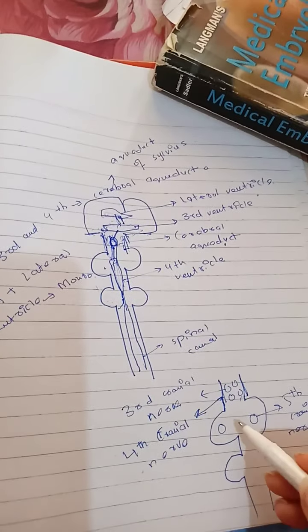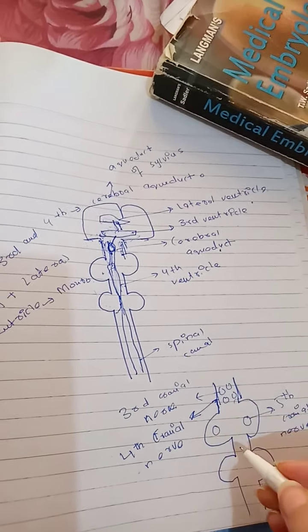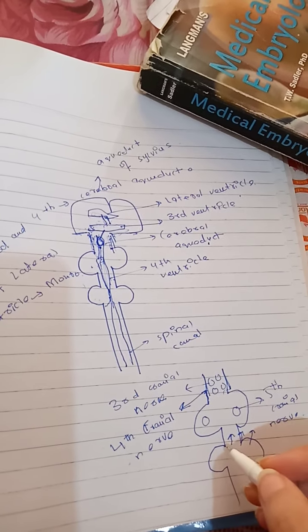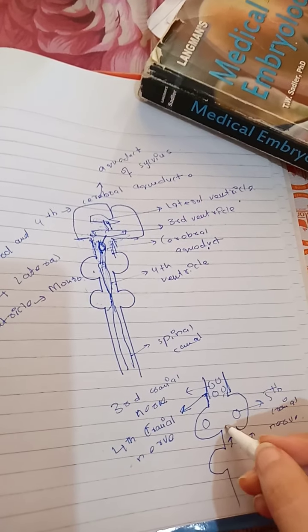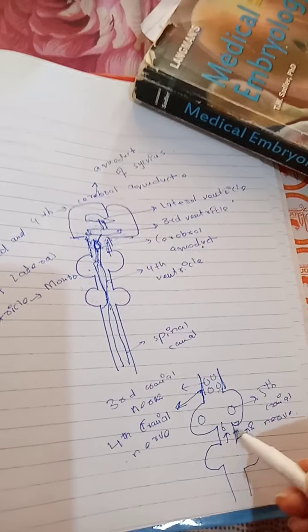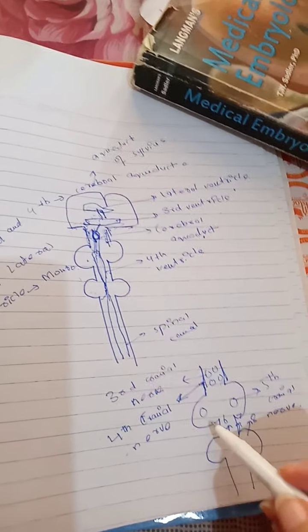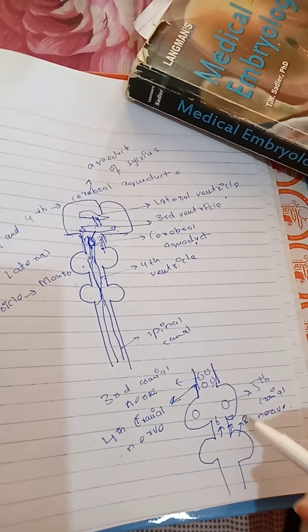At the junction of the pons and medulla, from medially to laterally, are present 6, 7 and 8. From medial: 6, 7, 8. From lateral: 8, 7, 6.